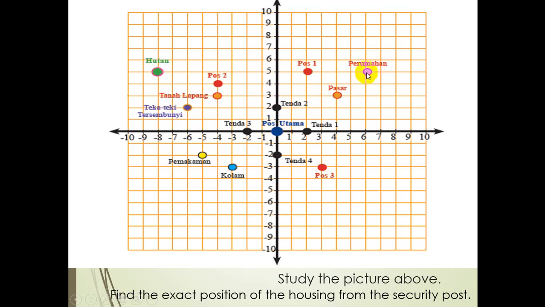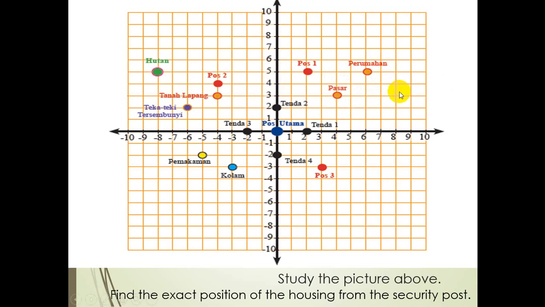According to this, can you find the exact position? It's easy. Just calculate how many units from this point to this point. So this is 6 units to the right and 5 units upward. So the housing is located at 6,5 from the security post.